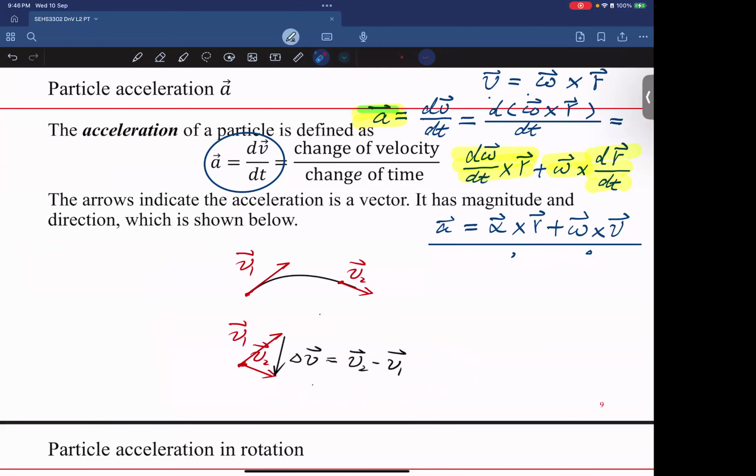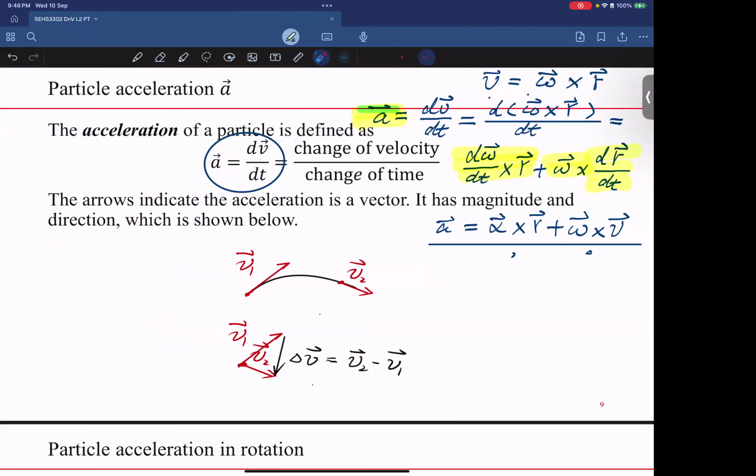This is easy to understand, because initially V is this one and at last V is this one. So the change of V is the black one. We call it delta V, also V2 minus V1. This is the vector change.